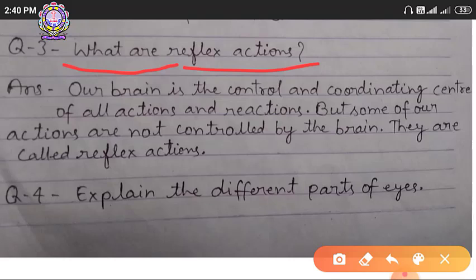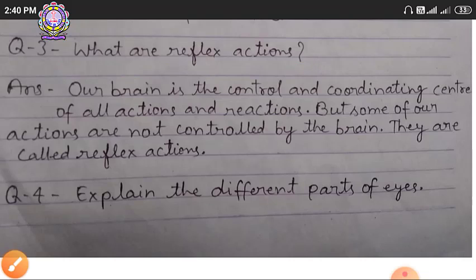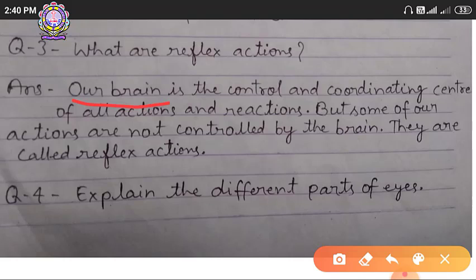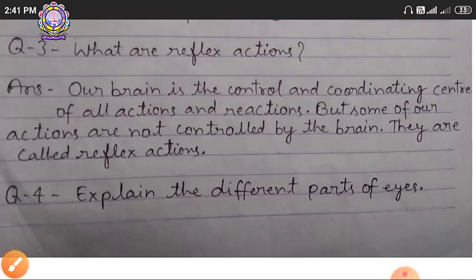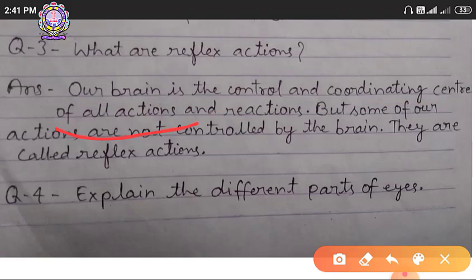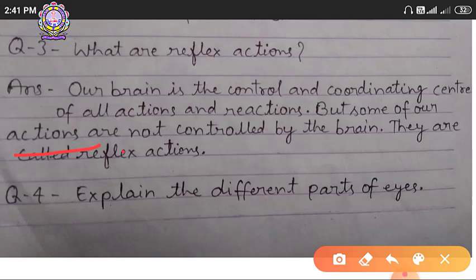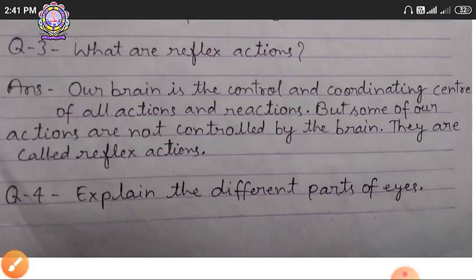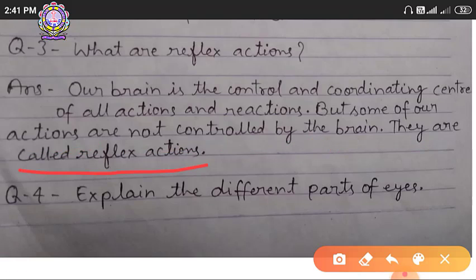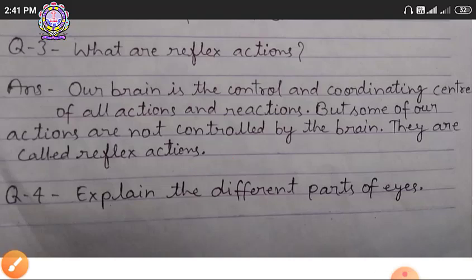So look, our brain is the control and coordinating center of all actions and reactions, but some of our actions are not controlled by the brain. They are called reflex actions.